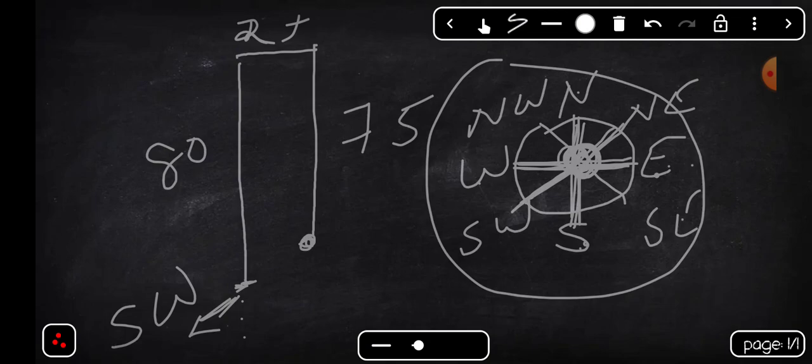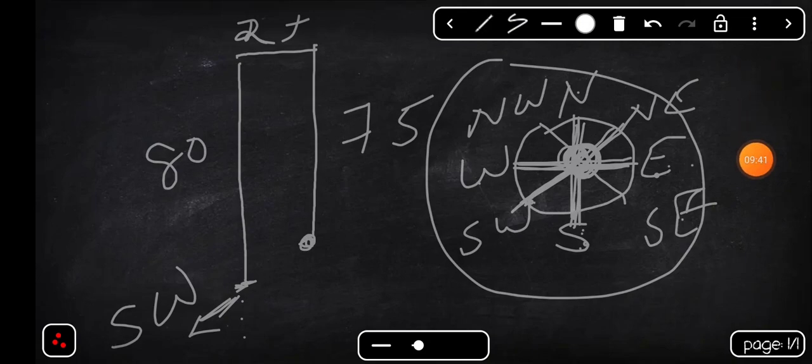Now south is his direct direction, and southwest will be right 45 degree, and southeast will be his 45 degree left direction. That means now he is in right 45 degree, which means southwest position. Got the point?